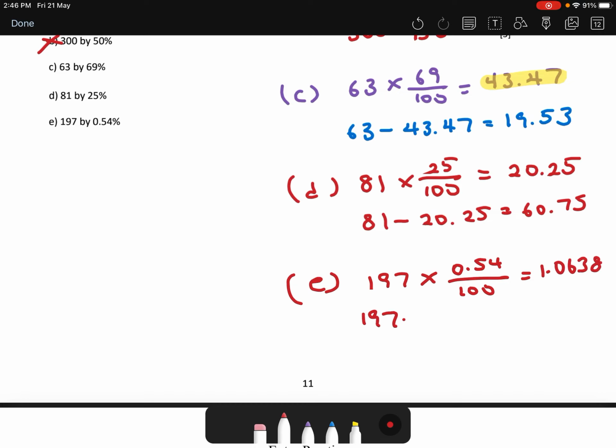So 197 minus 1.0638. Okay, you should get about 195.9362. Okay, so this is how you do your percentage change question.